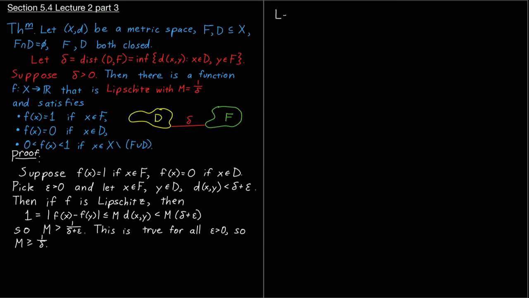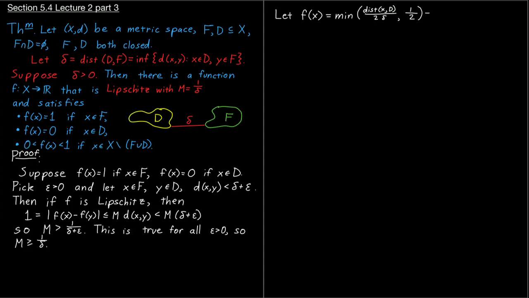Now let's go ahead and define our f. We're going to let f of x be, this is going to be a little annoying, but you take the distance from x to D, and then you divide that by 2 times delta. That's 2 times the distance from D to F. And then you're going to either take that or take 1/2, whichever of those two is smaller.